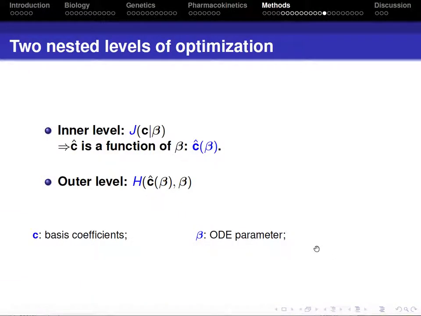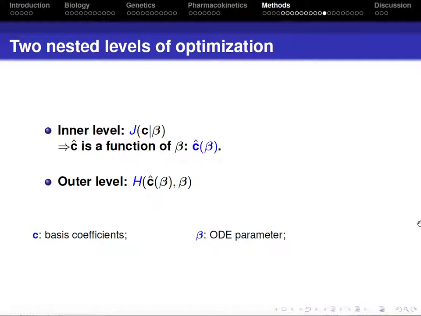We estimate these two types of parameters with two nested levels of optimization. In the inner level, we estimate the basis coefficient c conditional on the ODE parameters. For each given value of the ODE parameter beta, we get an estimate for the basis coefficient, c hat.